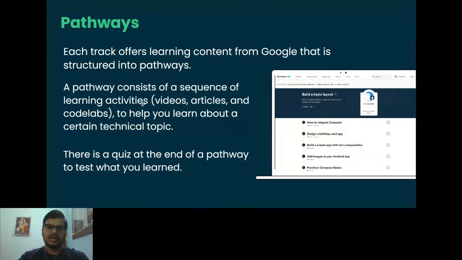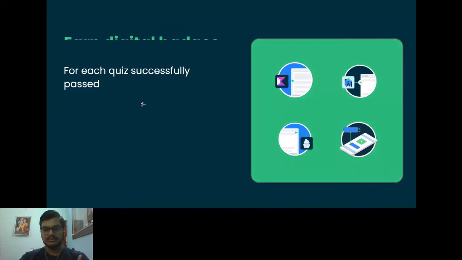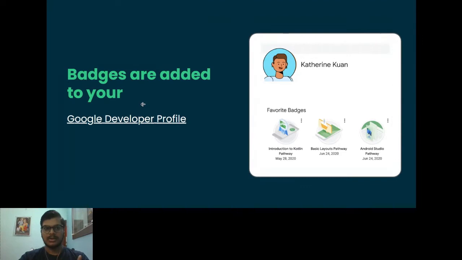Once you complete a pathway, you will earn a digital badge for each pathway. Once you have completed all three pathways, that means you have completed the unit, and you will earn 3 badges for 1 unit. These badges will be added to your Google developer profile.